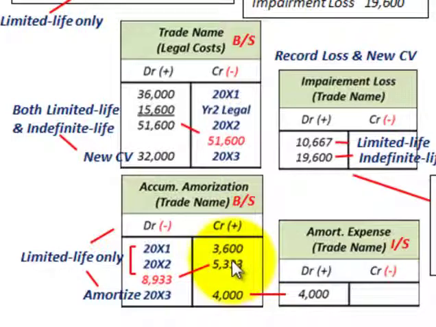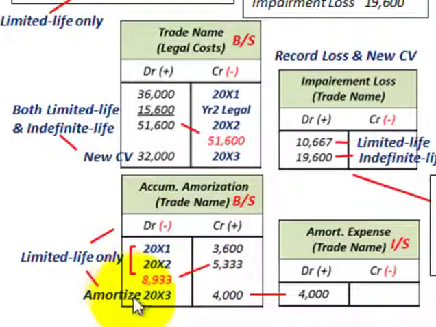Those are just amounts that I'm showing here. And so we would have removed that off the books when we recalculated our impairment. We would have taken this amount on a credit amount, and we'd have debited it for $8,933. Now remember, only for the limited life had we set up this accumulated amortization.